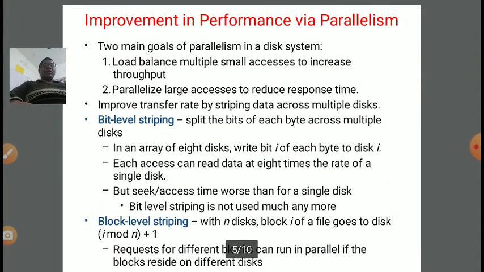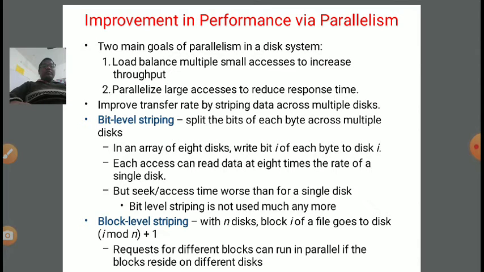Next is improvement in performance via parallelism. The first point was improvement in reliability with the help of redundancy. Now we are improving the performance with the help of parallelism. So if you notice, initially I said that in RAID all the disks are doing their task in a parallel manner, right? So improving the performance or speed.